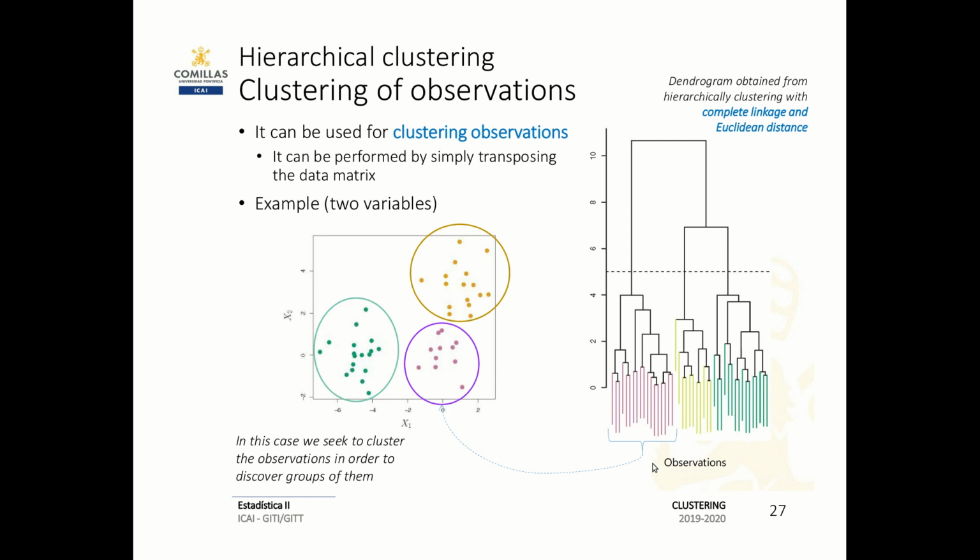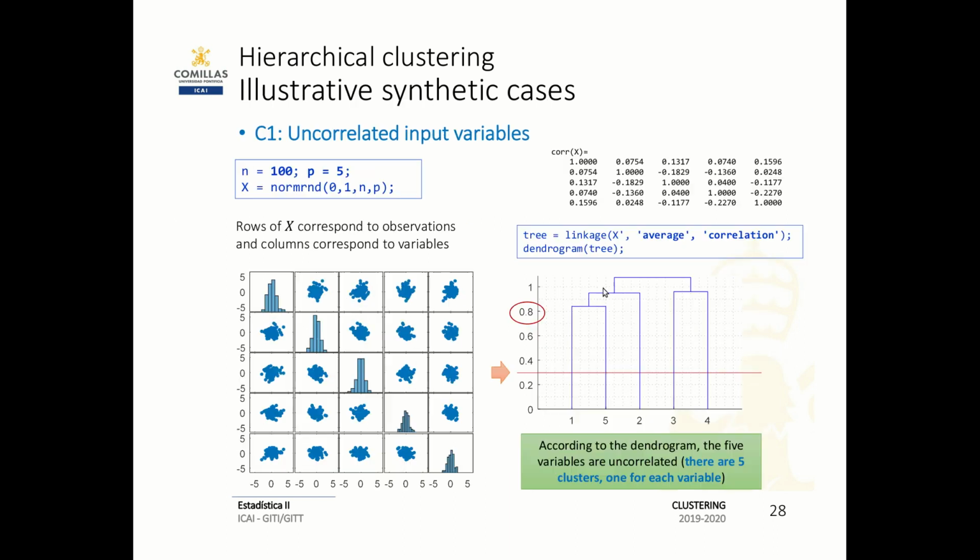And if we map these labels onto the input data, we see how these three clusters are mapped into three distinct regions. And as I said before, complete linkage, which was the linkage that we have chosen in this case, tends to make globular groups. So this is a kind of circle, another circle, another circle.